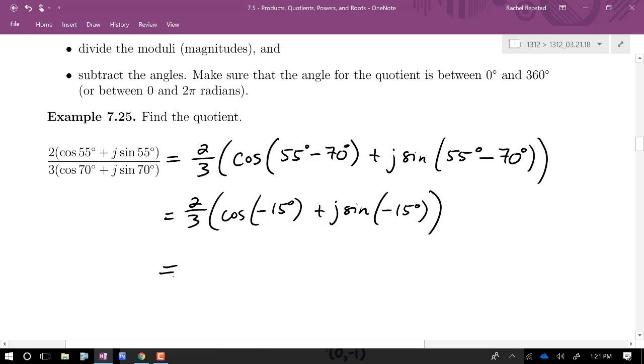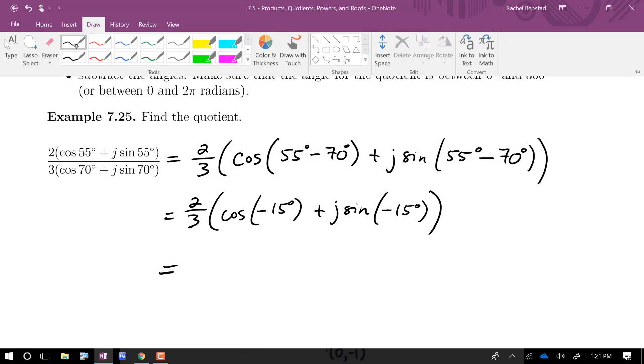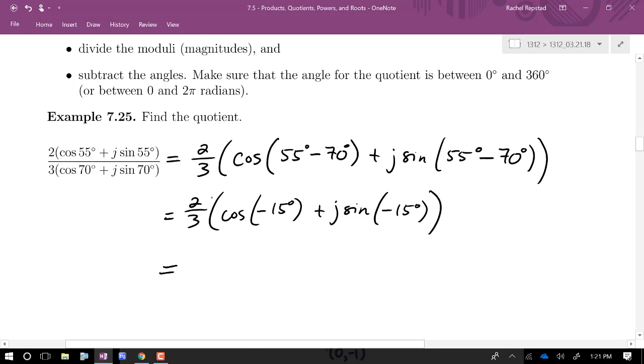The only thing left to do to finish this up is to realize, oh, in this case we got a negative angle when we subtracted, so we've got to fix that. If you get a negative angle, just add 360, or subtract 15 from 360. And that gives us 345. So there's our angle.